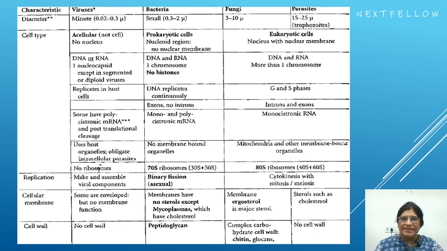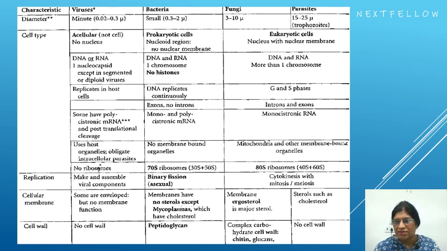The bacterial cell wall is made up of peptidoglycan, whereas in fungi and parasites, the membrane has ergosterol as a major sterol. Ergosterol is present in fungi, whereas parasites have cholesterol. Fungi have complex carbohydrate cell walls of chitin and glucans.